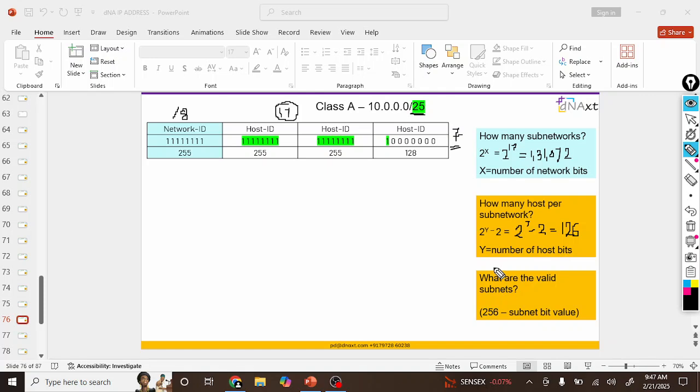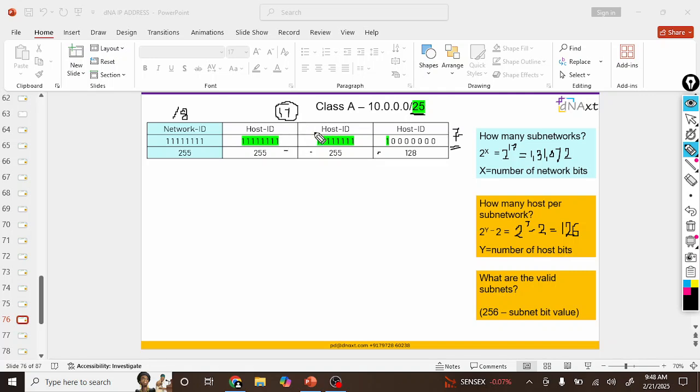What will be the increment? Since we have borrowed bits from the second octet, third octet and one bit of the fourth octet, there will be an increment in all these octets. As we discussed in earlier videos, we start incrementing from the extreme right. For example, if we have borrowed bits only from two octets, as in slash 17, 18, we first increment the third octet followed by the second octet.